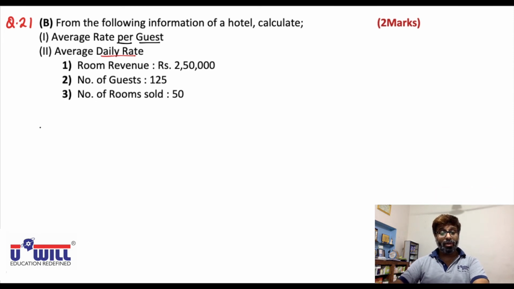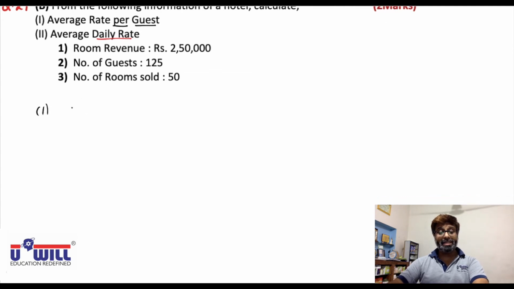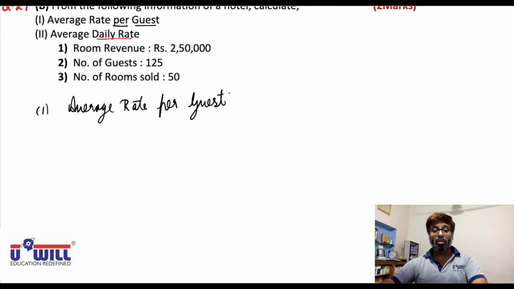Okay, write down. First answer, average rate per guest. Average rate per guest is equal to total room revenue divided by number of guests.